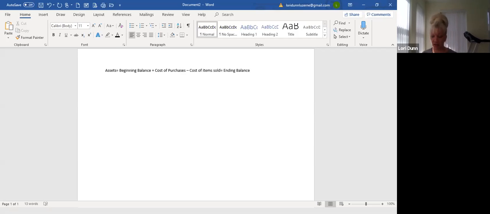Beginning balance being the beginning of the year, ending balance being, of course, the end of this year. So it's just algebra. So you will need to know 3 of these items. They would need to be given.